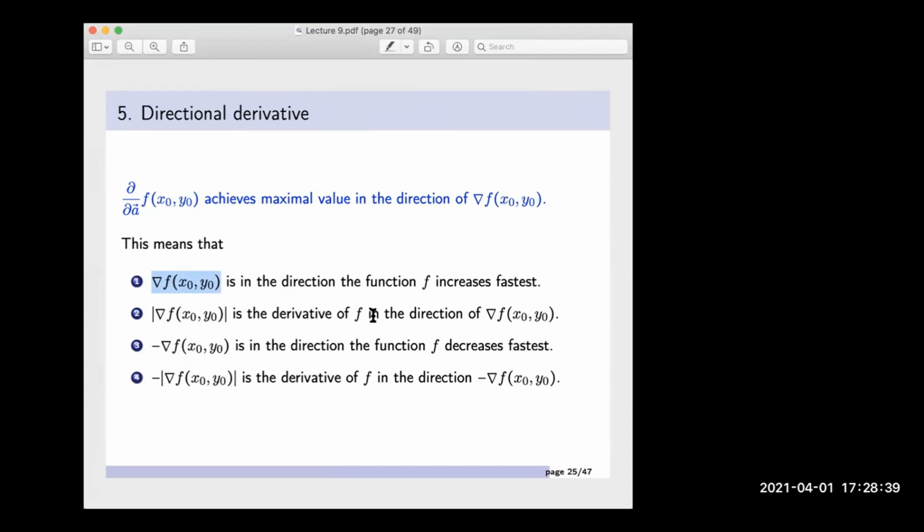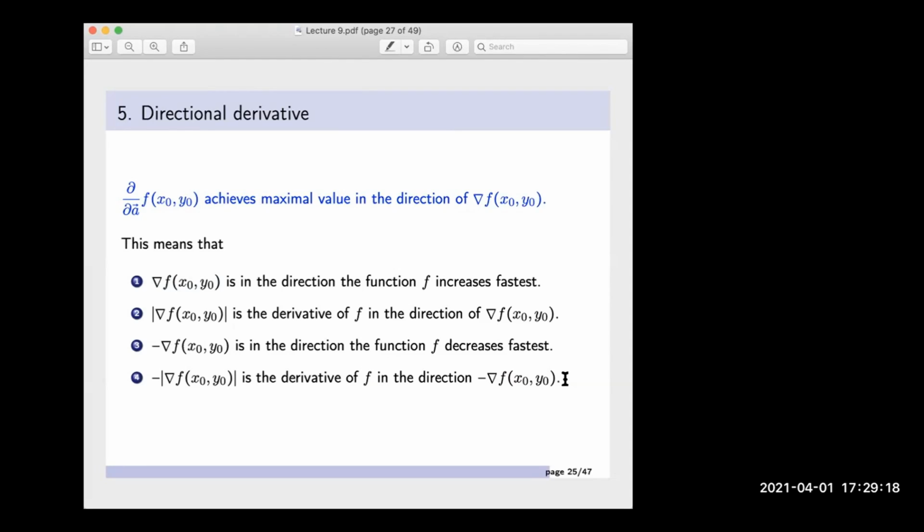While this is the gradient, if you look at the minus gradient, it has the opposite direction. If it has the opposite direction, it means the function decreases fastest. In the gradient direction, the function increases fastest; in the negative direction, the function decreases fastest. And the negative of this length represents the derivative of the function in the opposite direction of the gradient.